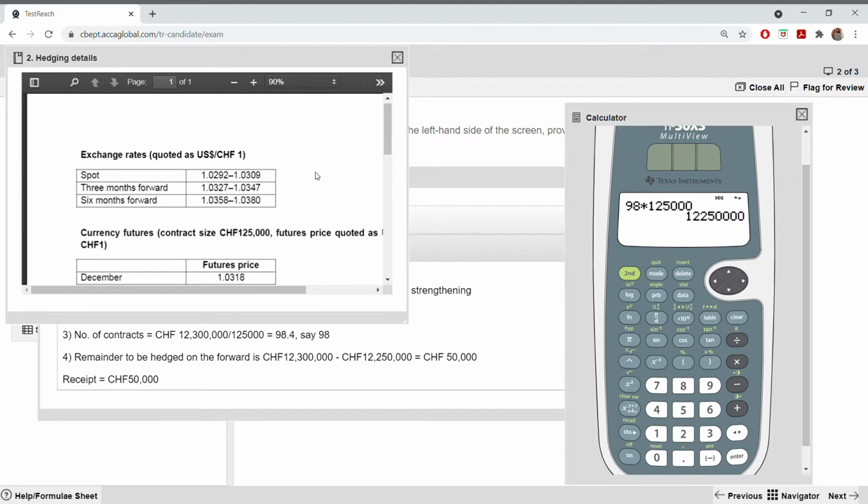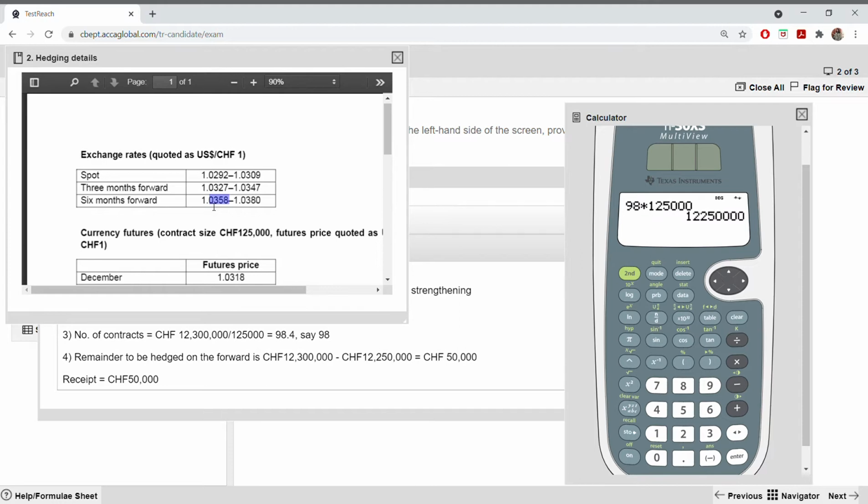You will be selling Swiss franc at a higher or a lower rate? Definitely at a lower rate. Why? Because you are the one in the worst position. The bank is getting the profit. So you will sell at a lower price, buy at a higher price. Bank will buy at a lower price and sell at a higher price. So the rate is 1.0358. That is the rate. So 1 Swiss franc is equal to 1.0358.